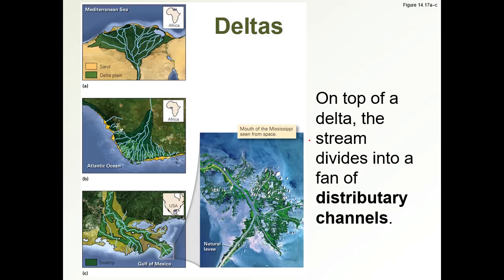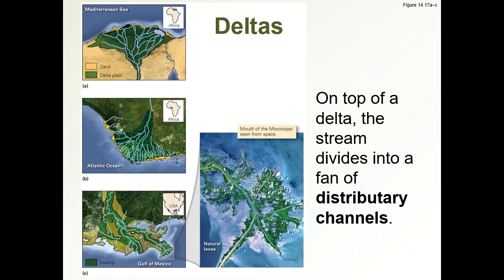This same process happens if the stream goes into water, but then it's called a delta. So we can have a fan-shaped delta, which is similar to what we have in the Nile River. We can also have what's known as a birdfoot delta. That's what we have in Mississippi, for the Mississippi River.